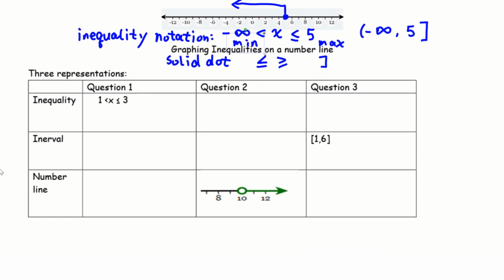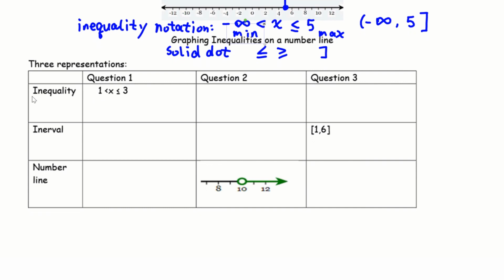So now we have inequality notation, interval notation, and also number line notation. For question 1, we want to write it in interval notation.